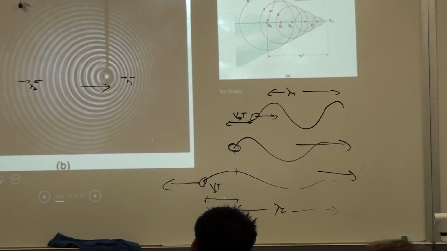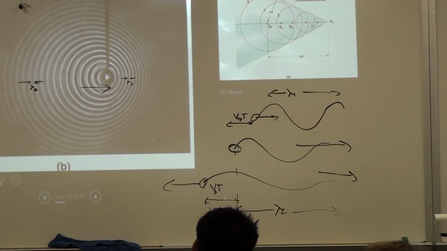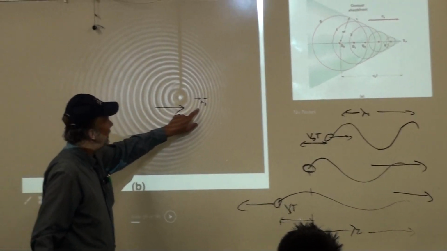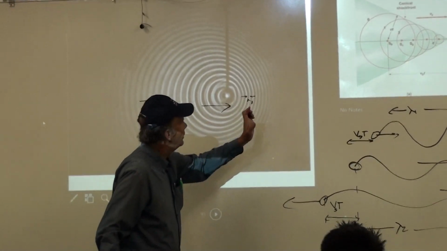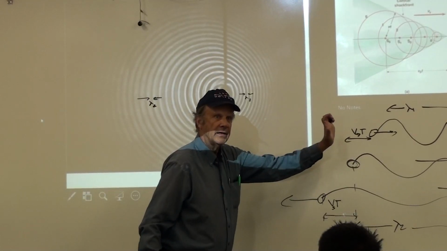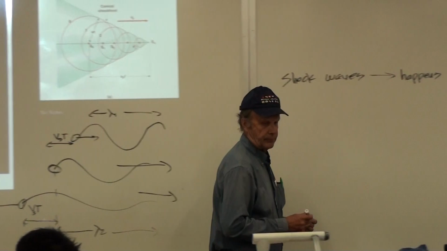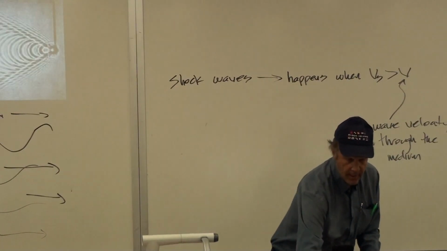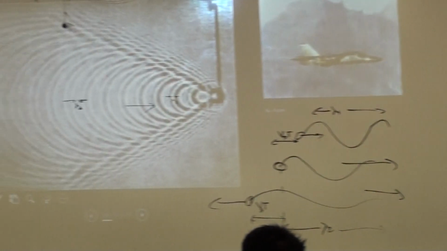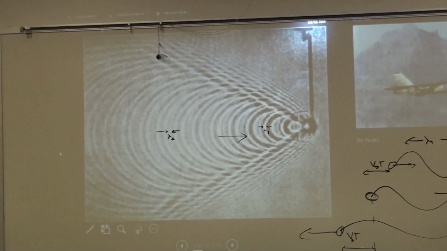In that picture. Okay, so it squeezes more and more until finally you reach a limit. And in that limit, now the waves can't get away because you're traveling at the velocity of the medium. So that's what happens here. This is what produces, for example, a sonic boom.